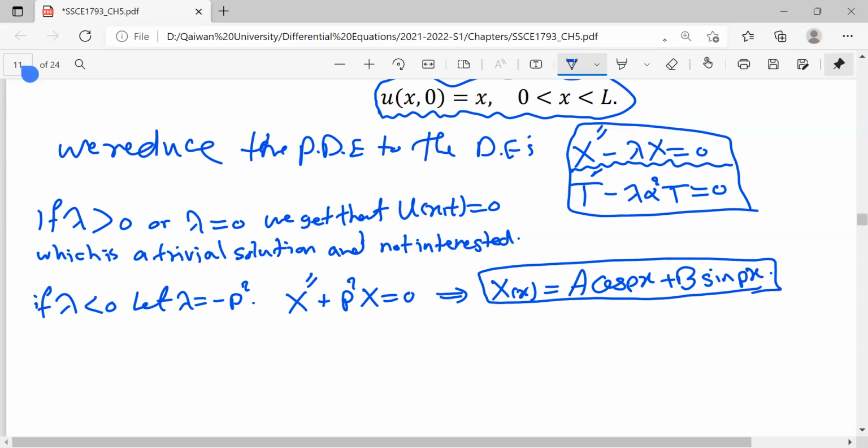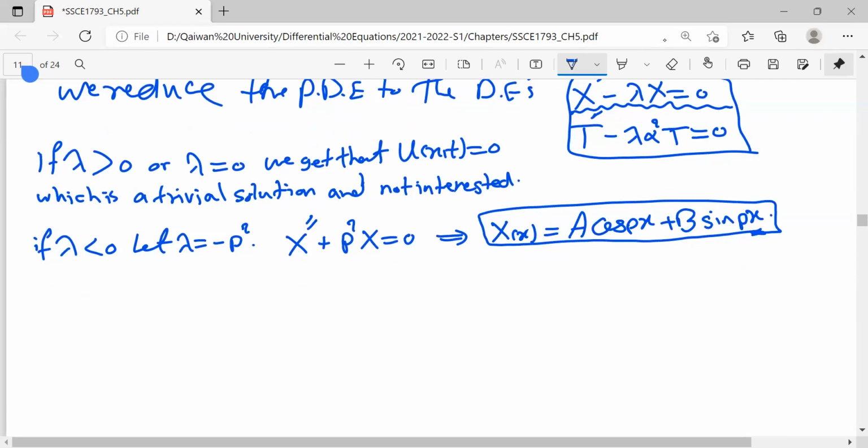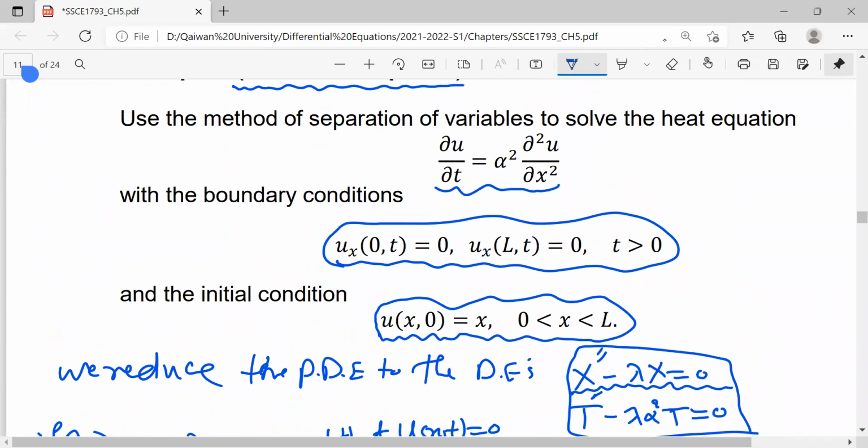Now we are going to apply the conditions. We have two boundary conditions, which are u sub x of 0, t and u sub x of L, t. So we must find u sub x. Here we replace x by 0 in u sub x.